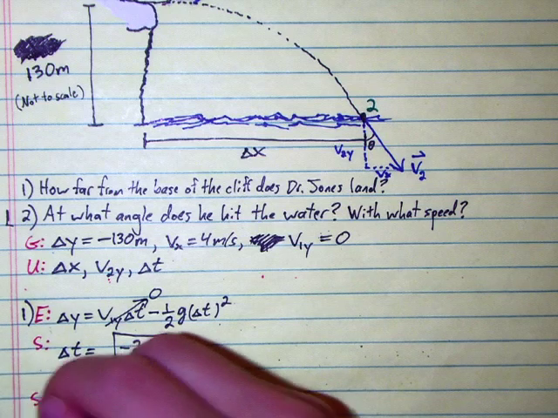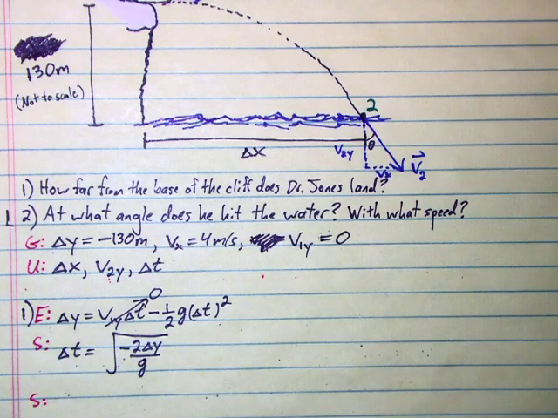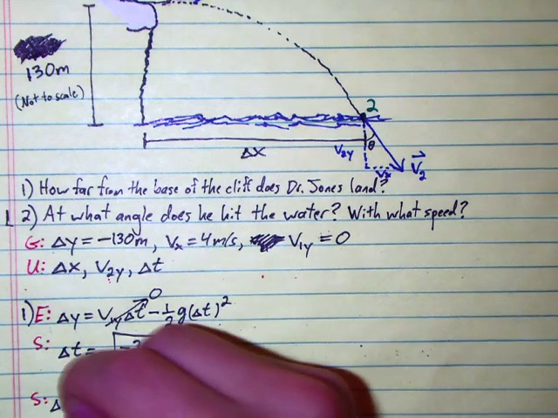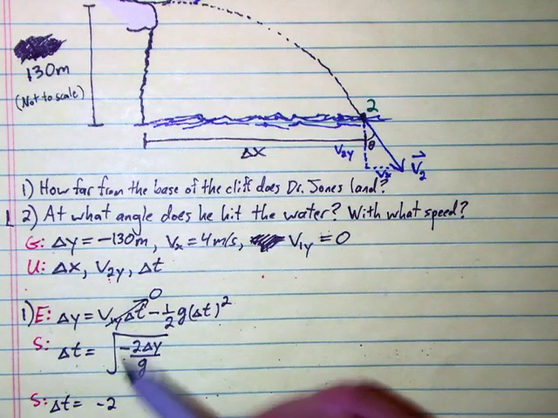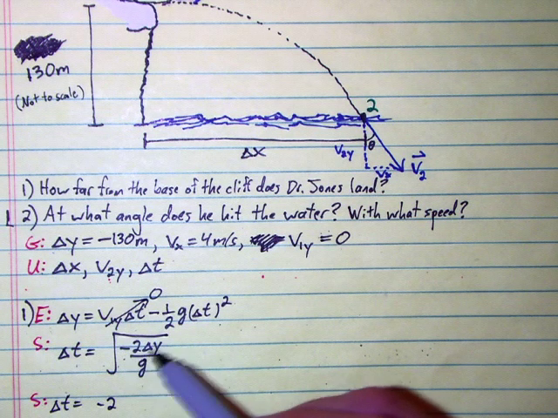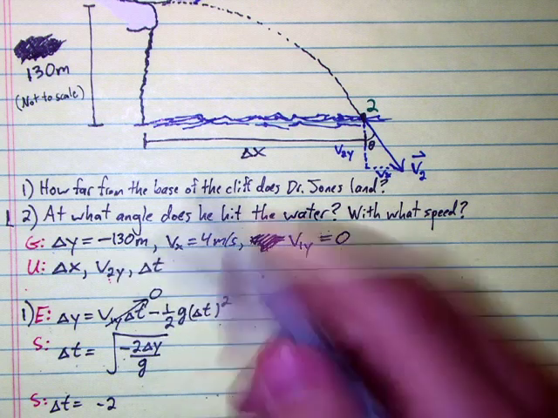Now it's time to substitute in the numerical values. It's useful to find this expression in terms of variables first, but now we can put in our numbers. So delta t equals negative 2. Negative may be worrisome because you can't take the square root of a negative, but remember that delta y is itself negative 130 meters.